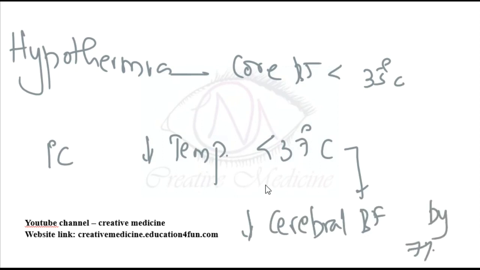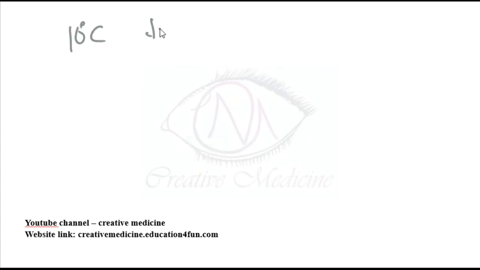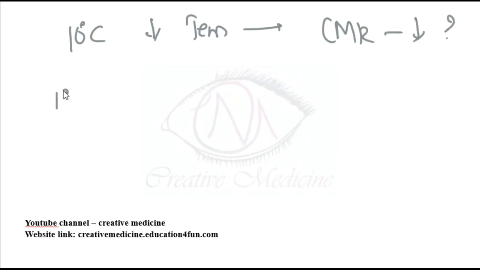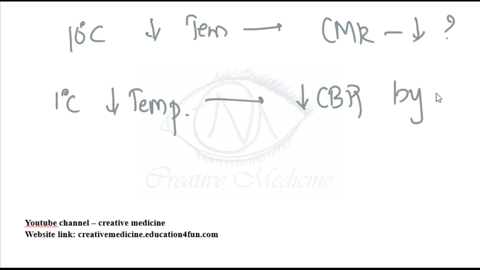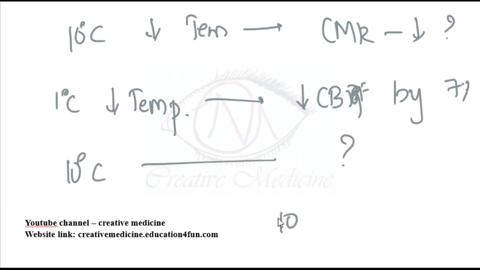So that means if there is a 10 degrees decrease in temperature, then by how much will the cerebral blood flow decrease? 1 degree Celsius decrease in temperature will decrease the cerebral blood flow by 7%. That means a 10 degrees decrease in temperature will decrease cerebral blood flow by how much percent? So it is 70%.